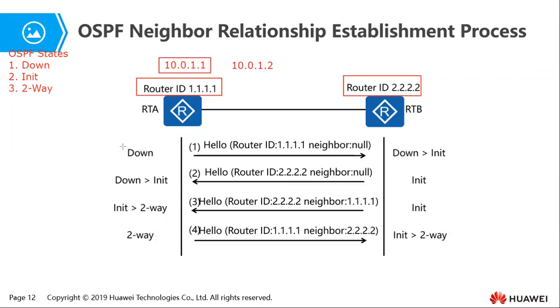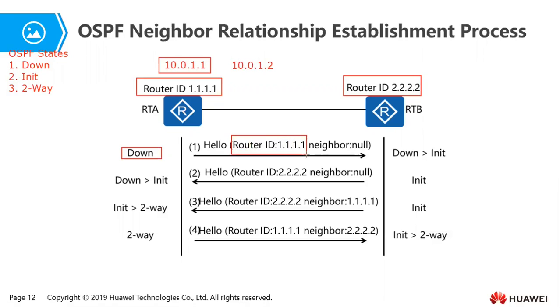So the first state is down. The down state is when you've not received any information from your neighbor. So for example here, RTA is sending a hello packet to RTB. The parameters it's sending is, I'm identifying myself.